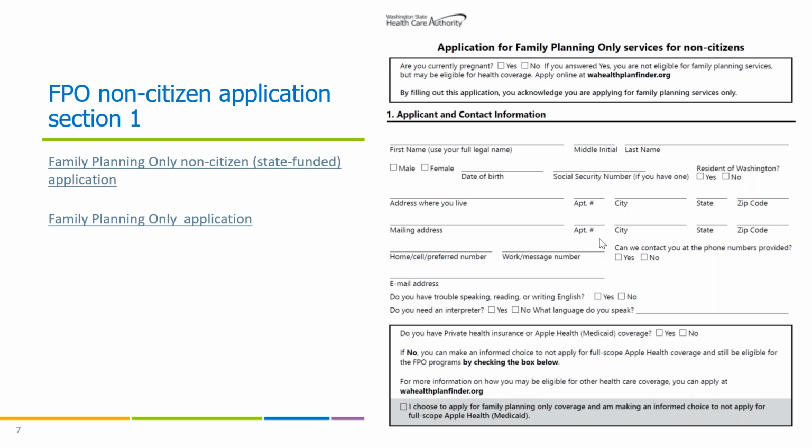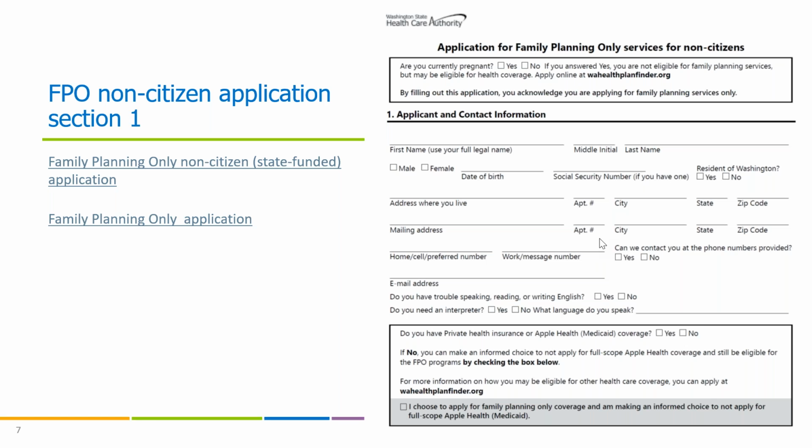The other part that is a little different from the application for citizens is in the middle of the section where it has the box that says, do you have private health insurance or Apple Health Medicaid coverage?